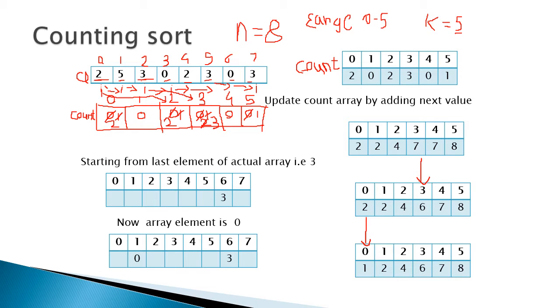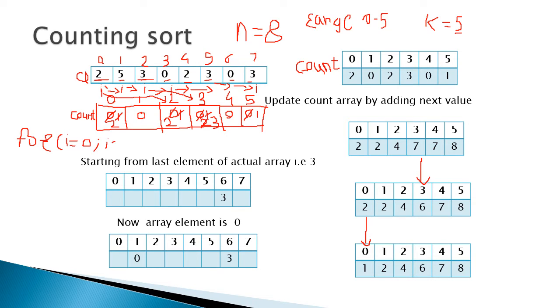Like this we count the frequency of each element and store it in the count array. Here we have to execute one for loop, starting from 0. i starts from the 0th index, so i equals 0.